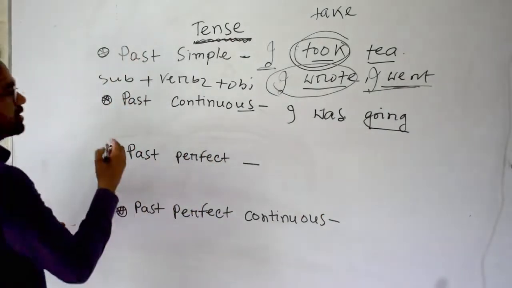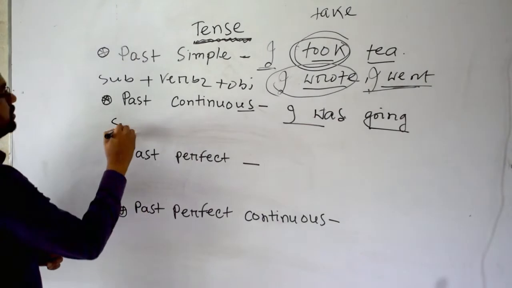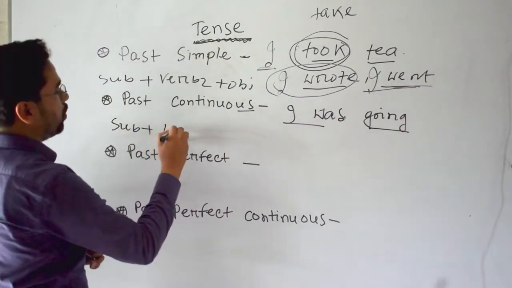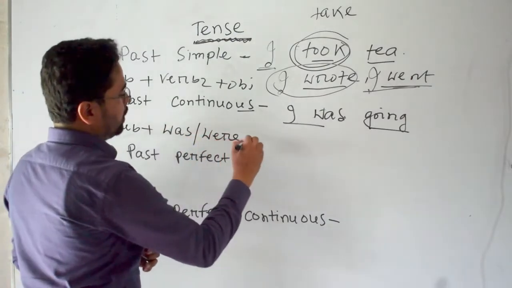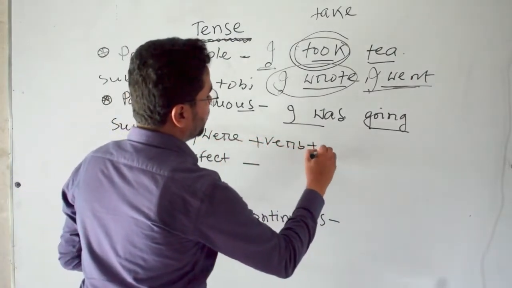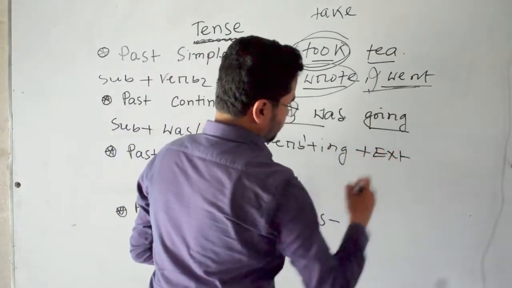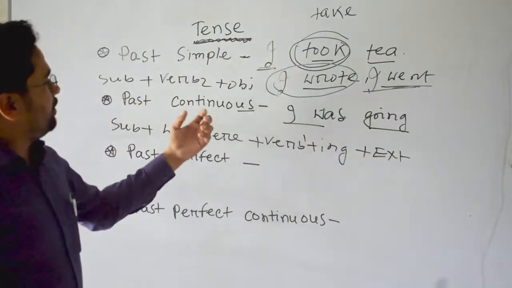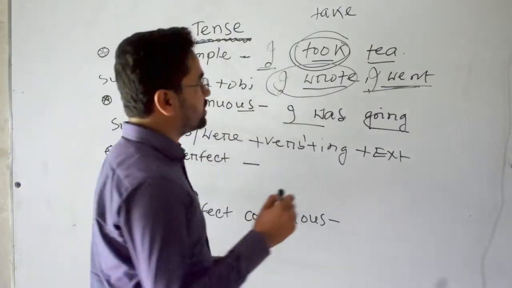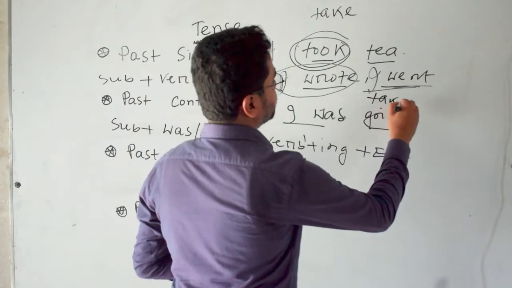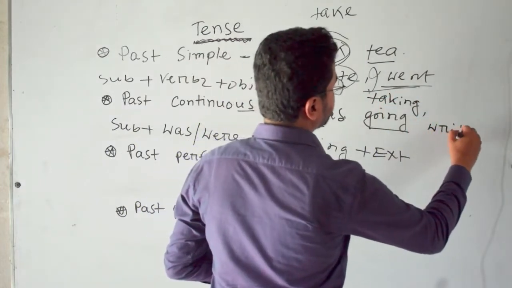Now, look at the structure. Regarding this sentence, I have written a subject, and I have used was or were as the auxiliary verb, then verb plus ing, and an extension. If you want another example regarding this tense, you can say taking, also writing.